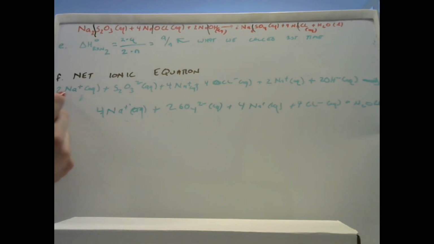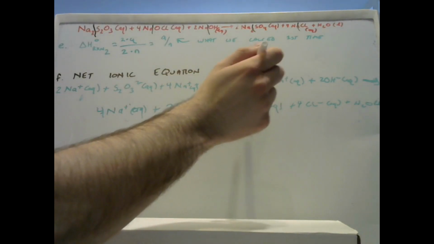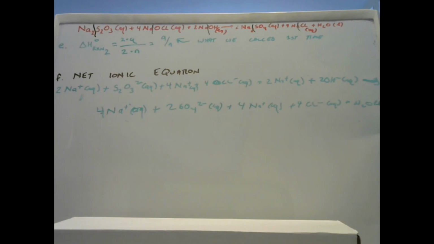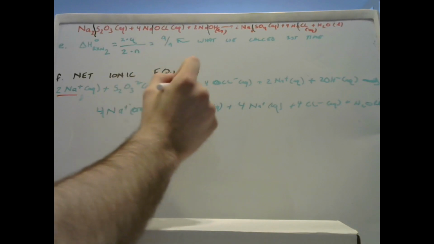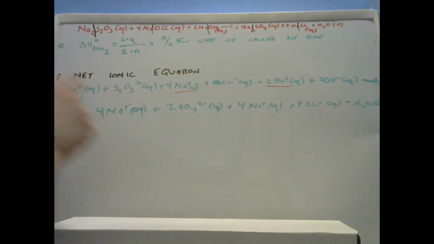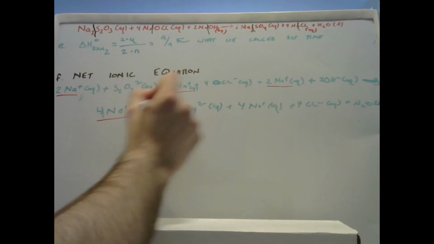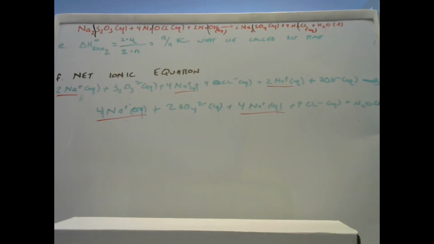So for instance, we have 2 and 4 and 2 makes 8 sodiums originally. Those don't do anything meaningful. They just are there hanging out. And how do we know? Because on the other side, we have 4 and 4 sodiums, or a total of 8, that don't do anything. Any species that shows up on both sides gets canceled out. Once you've found your spectator ions, rewrite for your net ionic without any of those present.